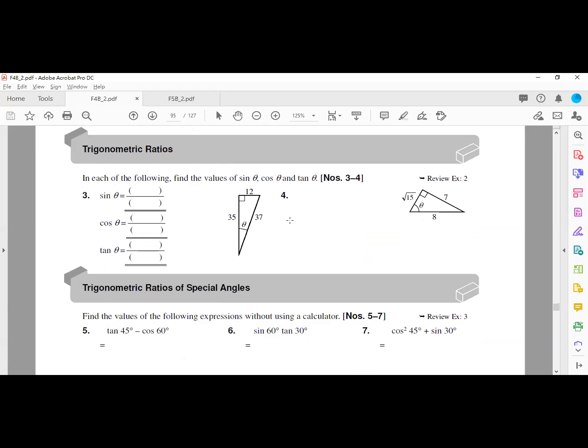Number 3 and number 4 is about sine, cosine, tangent. You just need to write down the value of sine theta, cosine theta, and tangent theta. 好啦，首先係咪有直角三角形？第二係有隻 theta 喺度。咁我哋望清楚究竟邊一條邊係對邊，邊條邊係鄰邊，邊條邊係斜邊。So theta is here.